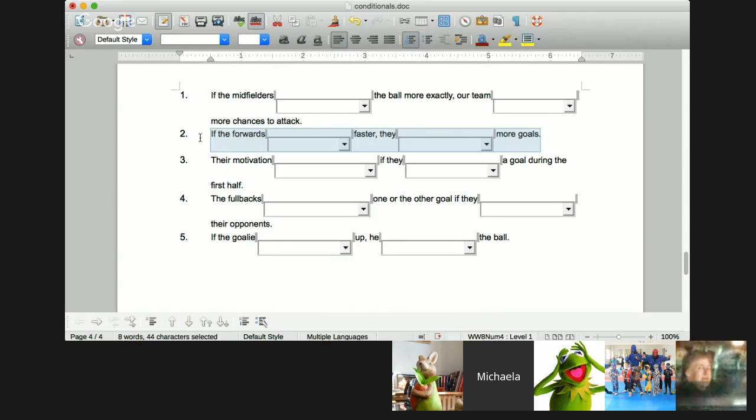Yeah, but get is not a participle. Gotten. Yeah. Perfect. Read the whole thing again for us. If the forwards had run faster, they would have gotten more goals.